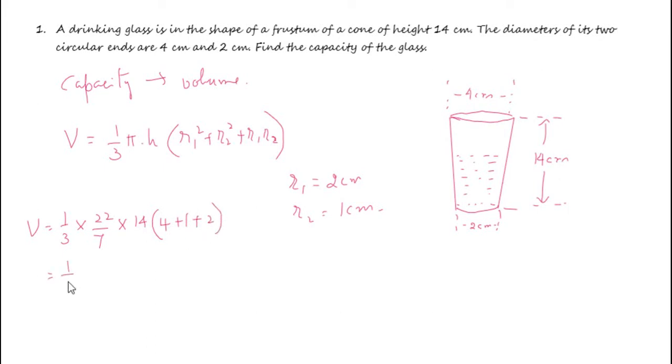So this is 1 by 3 into 22 by 7 into 14 into 7. The 7s cancel out.